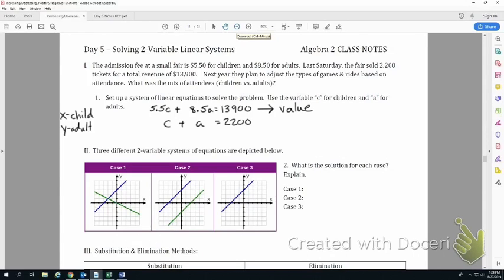This is what I call the value equation. The value of the child's ticket is $5.50. The value of the adults is $8.50. The value of all the tickets is $13,900. In your value equation, you're always going to put the value of whatever that is in front of that variable. So you're going to have coefficients here.